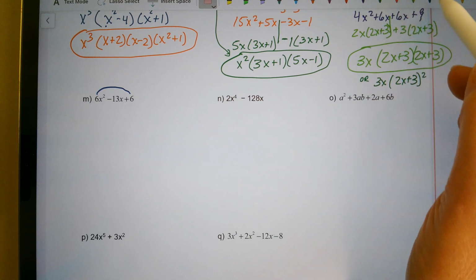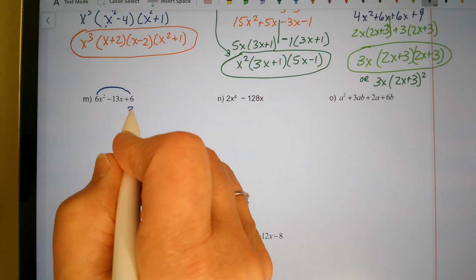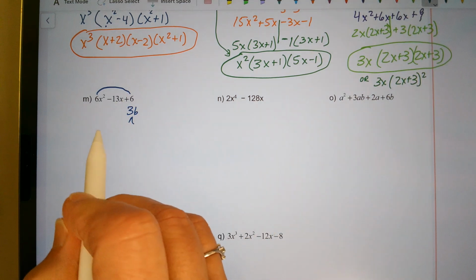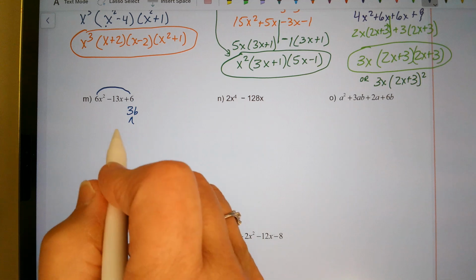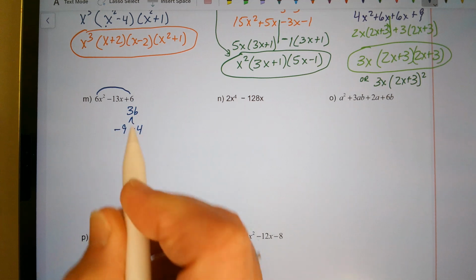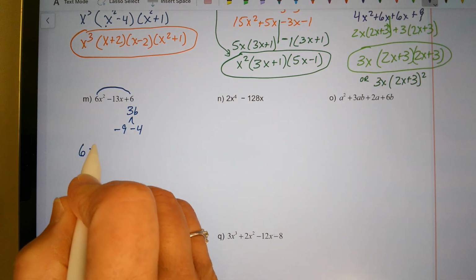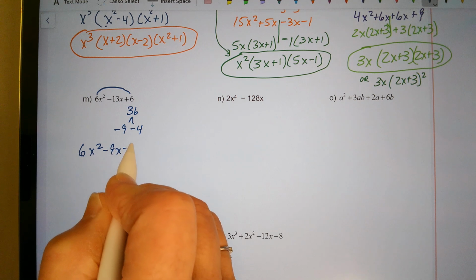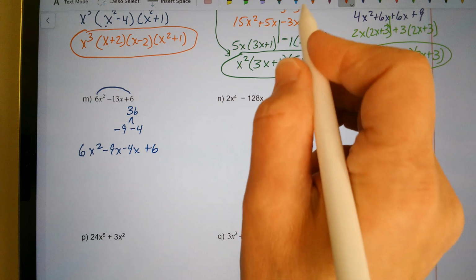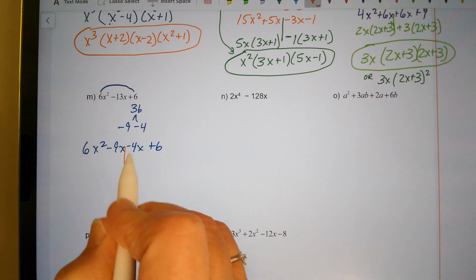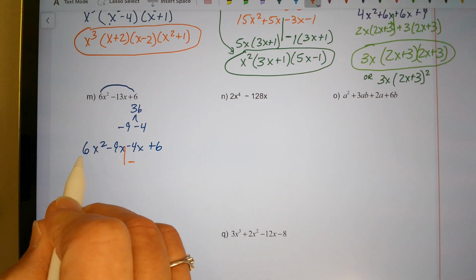Let's correct it. 6 times 6 is 36. Factors of 36 that sum to negative 13: negative 9 and 4. 6x squared minus 9x minus 4x plus 6. Split, bring down the operator.